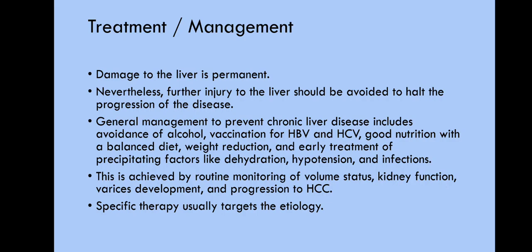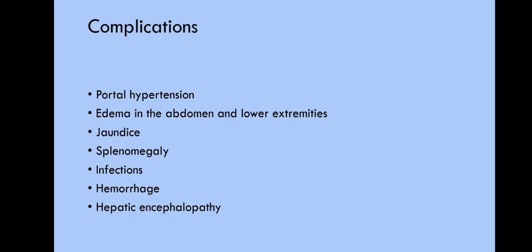So this is usually achieved by routine monitoring of volume status, kidney function, varices development and progression to hepatocellular carcinoma. And specific therapy usually targets the etiology. So if it's a viral etiology, you want to treat the virus. If it's due to toxins, you want to make sure the body gets rid of the toxins, etc.